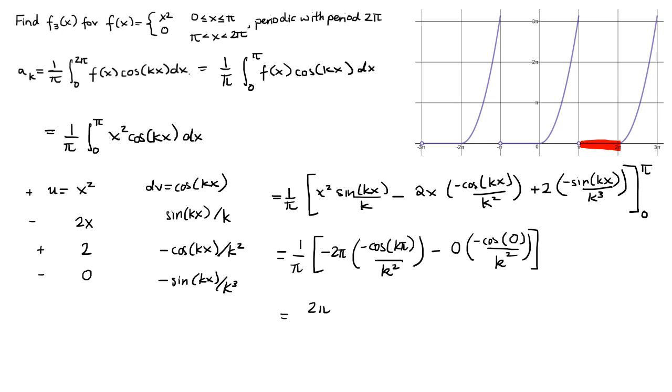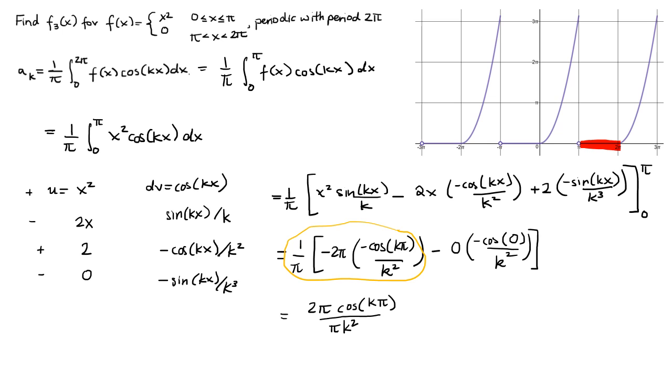2 pi times, so this simplifies down to 2 pi cosine of k pi over pi times k squared. So I'm just simplifying this first term here. Okay, so we've got two negatives, those go away. On top we have 2 pi and cosine of k pi.